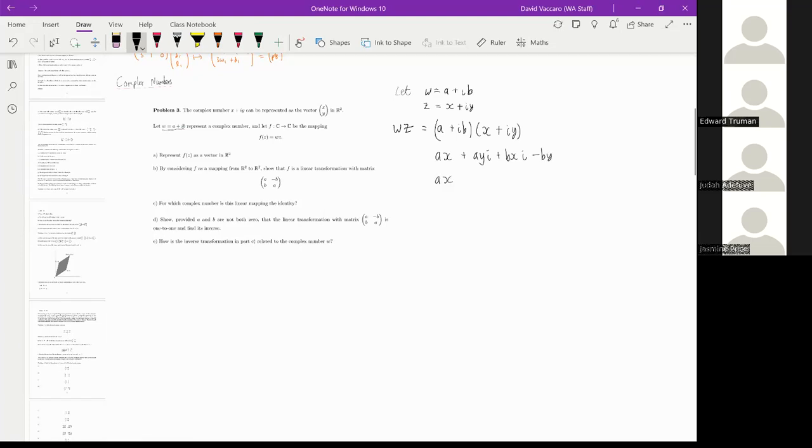So I get (AX - BY) + (AY + BX)i. And this is in the complex world. So what I've got here is a mapping F_W, which maps C to C, and which just takes a complex number Z and spits out WZ.